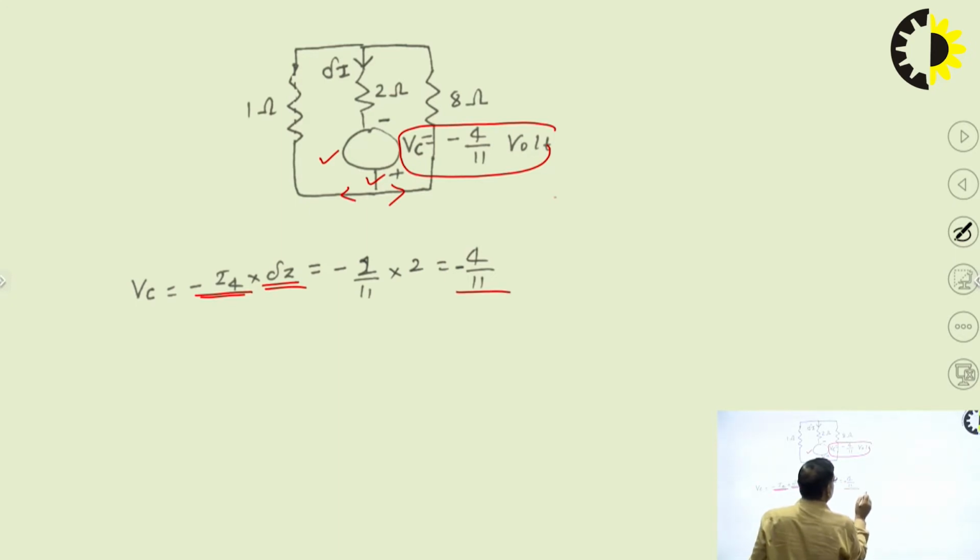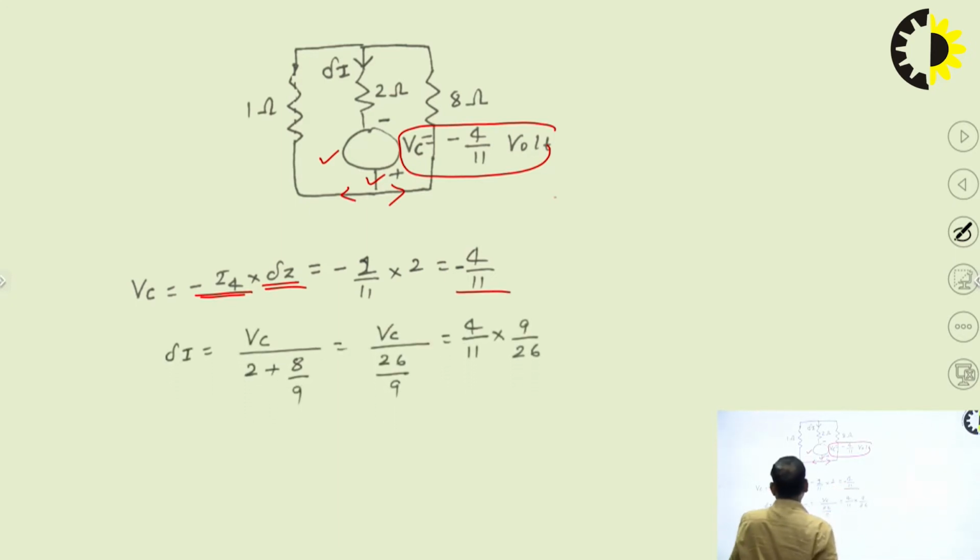So this is 4 by 11 ampere. So delta I is equal to VC upon the total impedance. So this 8 and this 1, they are in parallel. So 8 into 1 divided by 8 plus 1. So it will be 8 by 9. They are in series with this impedance. So this is the impedance of the network, VC upon this.